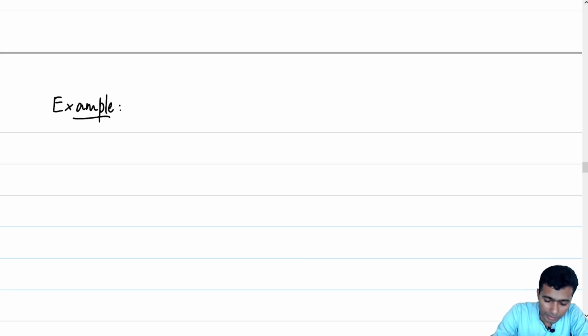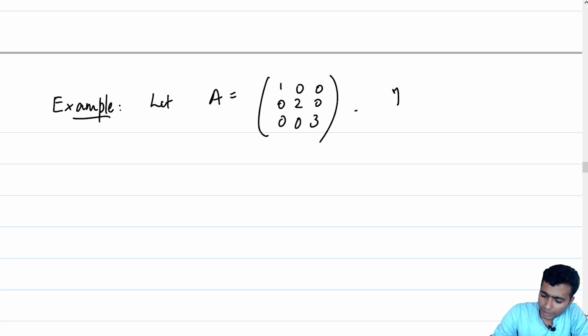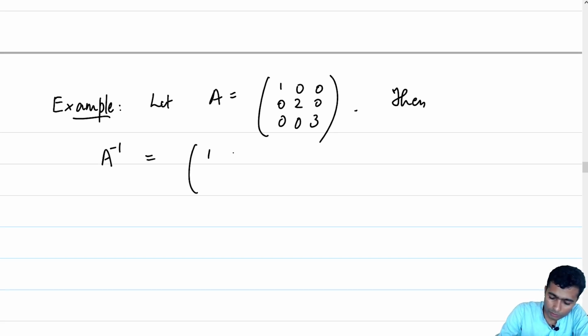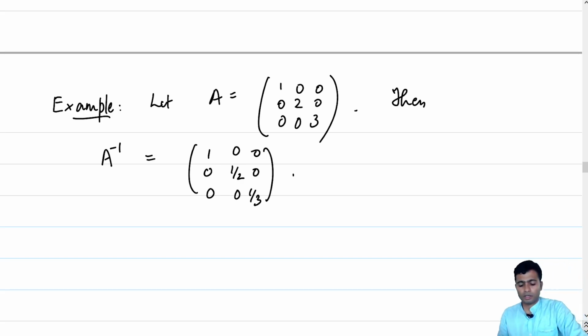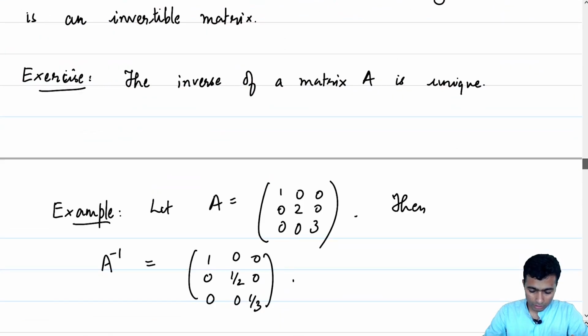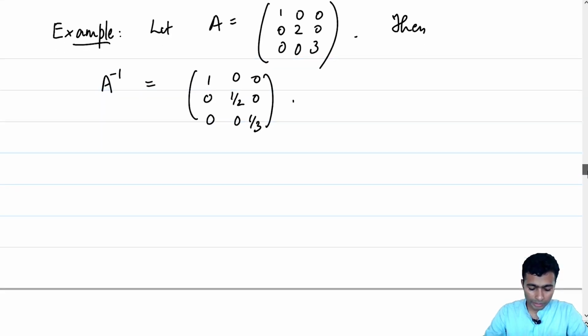Let A be a matrix given by 1, 2, 3 in the diagonals. Let me make my life easy here. Then A inverse is equal to 1, 0, 0, 0, 1 by 2, 0, 0, 0, 1 by 3. This is a familiar concept for you, most probably from your high school. Let's not spend too much time on examples.